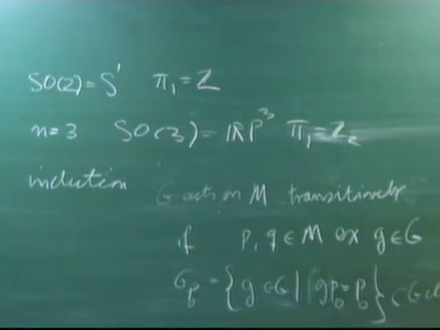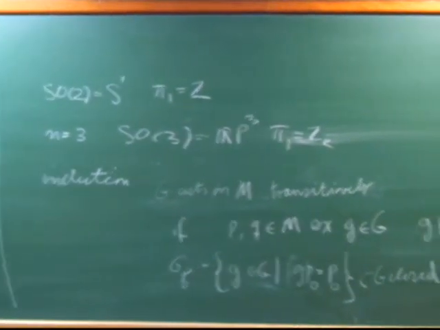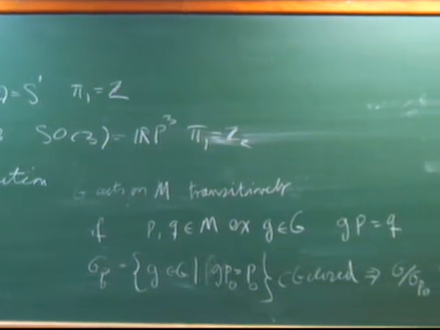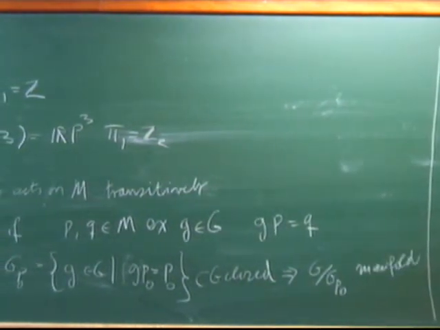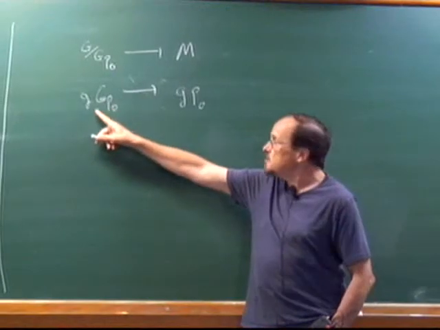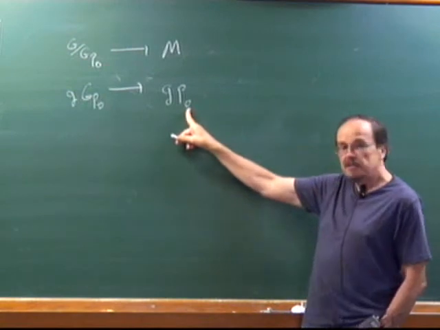And this manifold one can identify with M. So there's a natural map from G mod G_p0 to M, which takes, since I view this as a set of cosets in the usual fashion, a coset g·G_p0 to g·p0. Notice that if I take an element of the coset that fixes the point p0, then g times something in G_p0 gives the same thing.